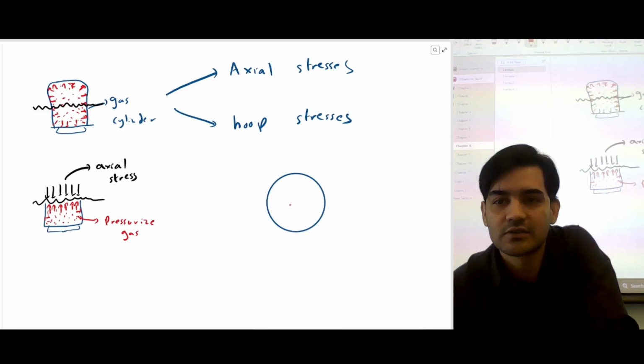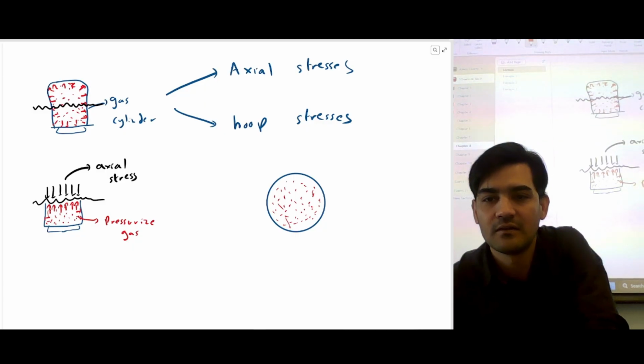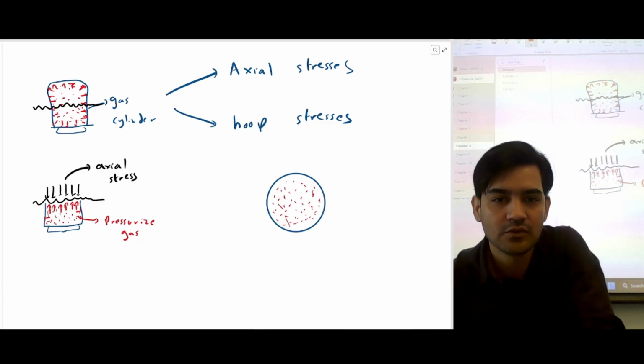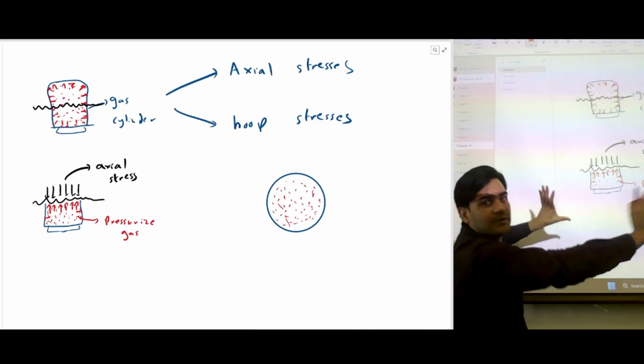So these are the external loads due to the pressurized gas inside. Like here, this is a longitudinal load, but this gas is actually applying pressure everywhere.